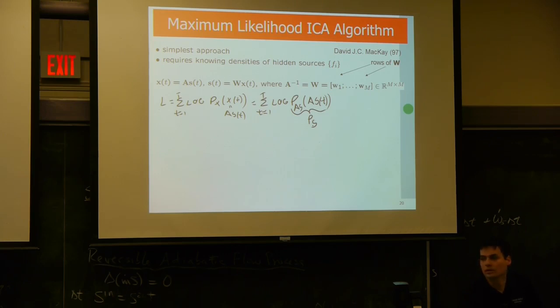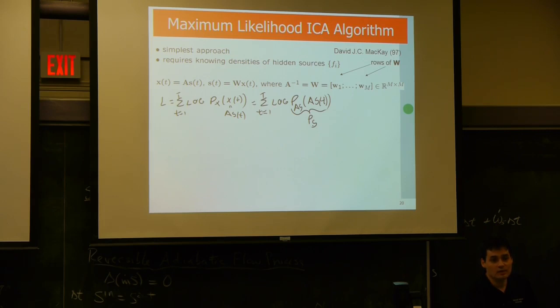How can I do that? Do you know how it looks like? So you know the density of S, you know the density of PS1, PS2, then the joint density of PS1, S2 is just the product of these.